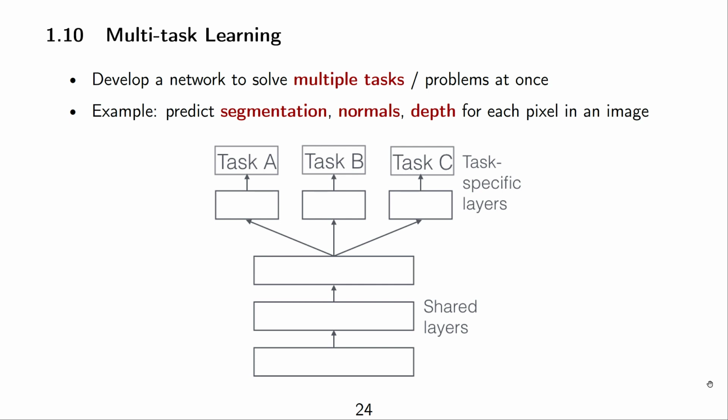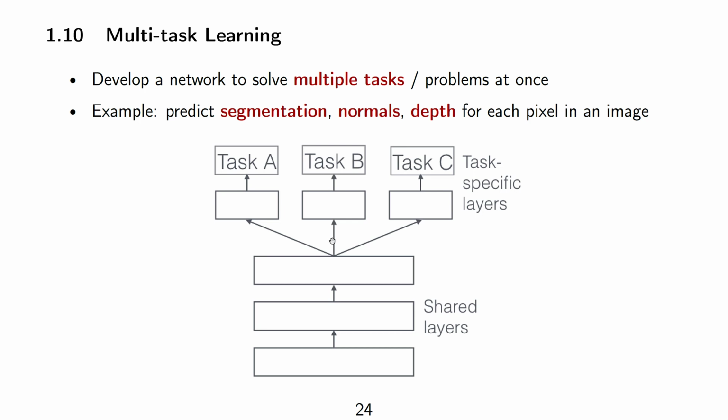Multitask learning is the concept of trying to solve multiple tasks or multiple problems at once. Let's say that below we have a network that tries to predict segmentation, normals and depth for each pixel in an image. The image would be fed in down here, and then after a while, these are the shared layers, the network would split up into 3 different parts, where the first part is devoted to task A, let's say segmentation.